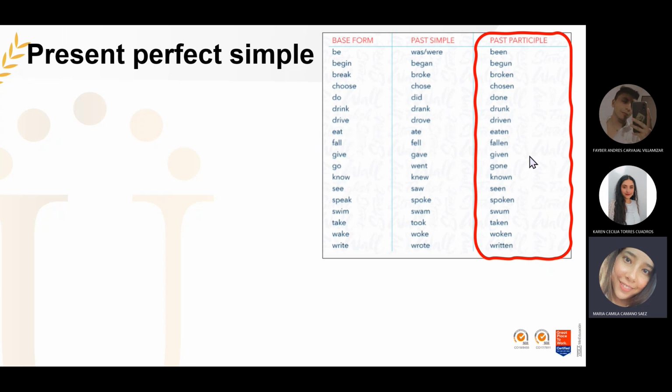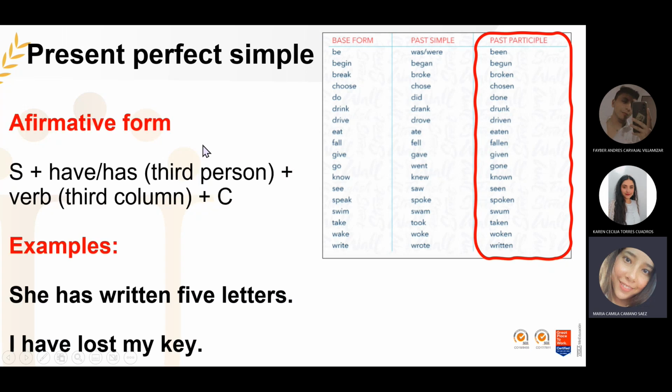So in this tense, we have to use the past participle form of the verbs, the third column in your list of verbs. And we have to use two auxiliary verbs. Sorry, my mic was closed.